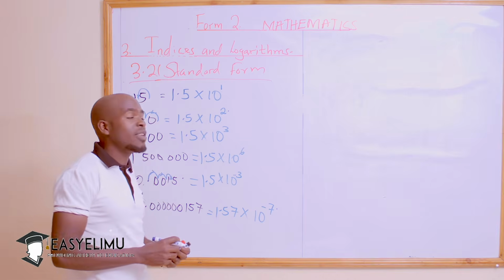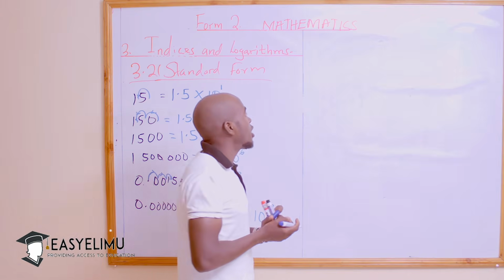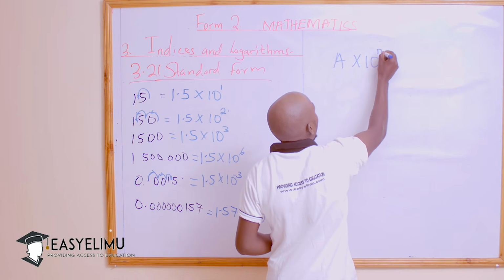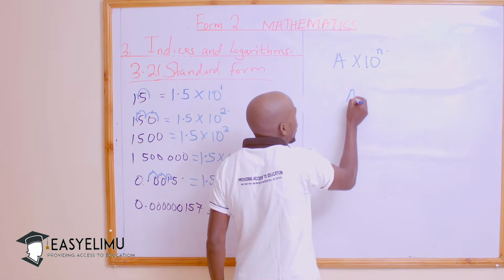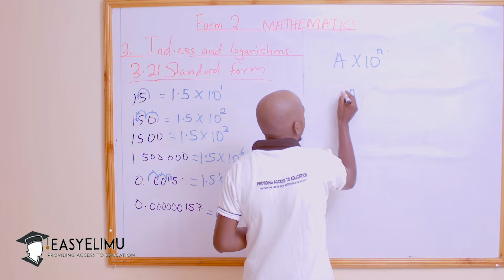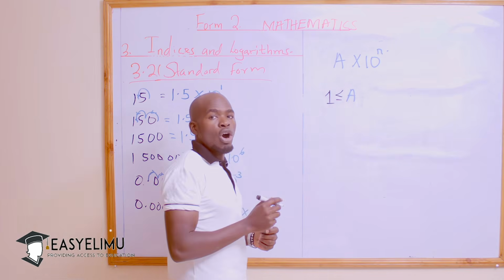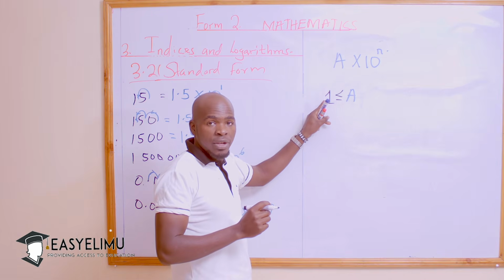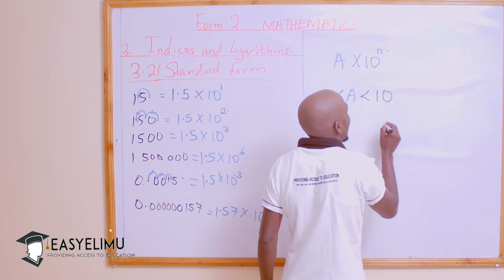So in general, that means that if you have a number and you want to write it in standard form, it will be rewritten in the form a times 10 raised to power n, whereby a is a number which is 1 or more than 1, but less than 10.